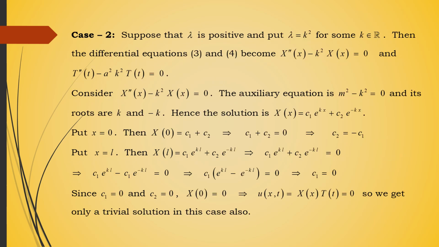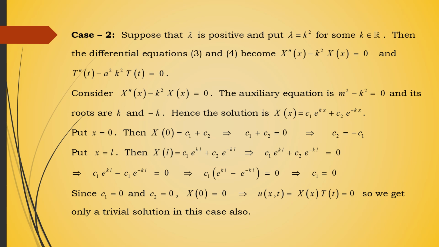In case 2, we suppose that lambda is a positive number. Since lambda is positive, we take lambda equal to k square for some real number k for our convenience.